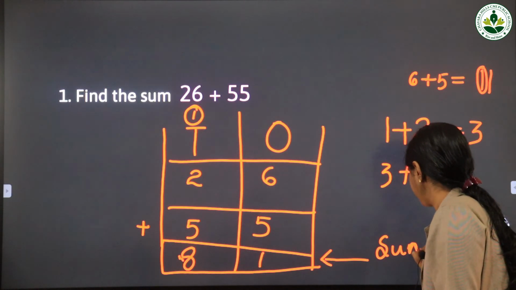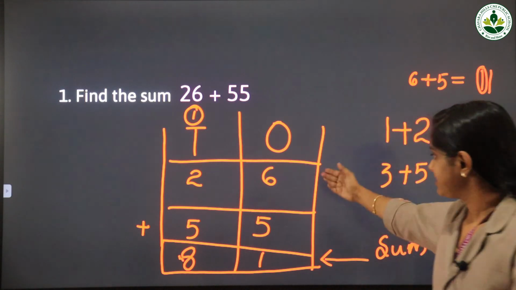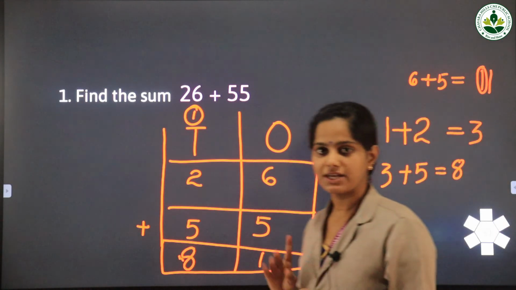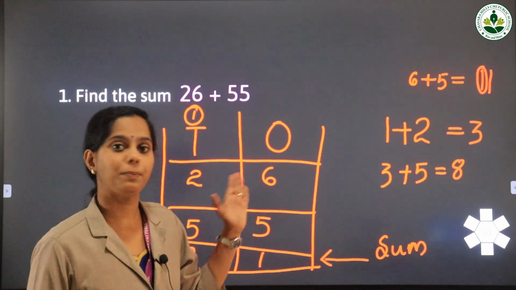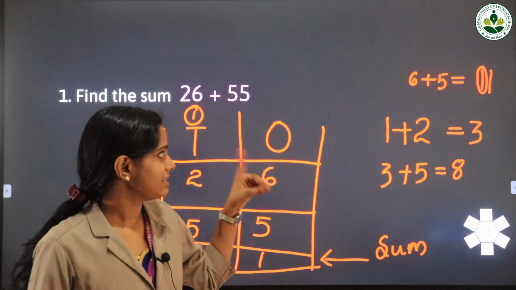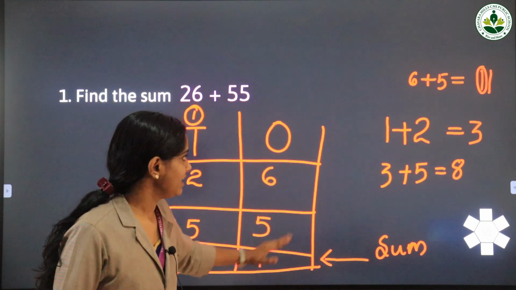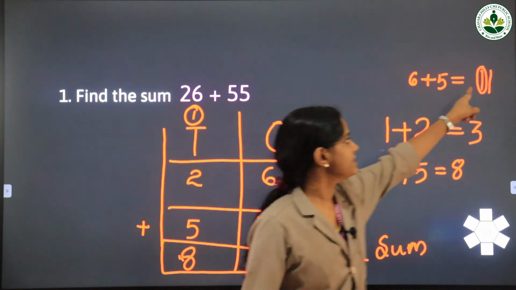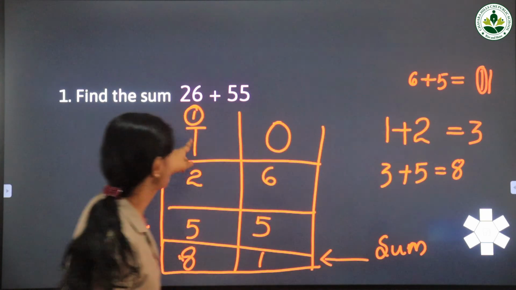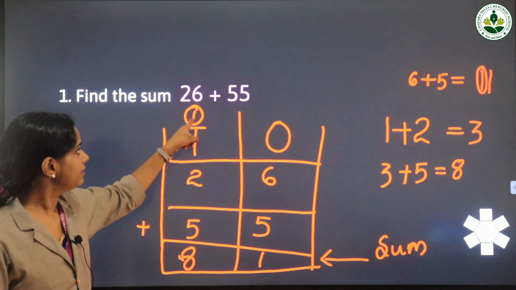Okay, first we start from the ones column. 6 plus 5. We know that 6 plus 5 is equal to 11. 11 is a 2-digit number. We can regroup as 10 plus 1. That is, 11 has 1 ten and 1 one. So we write 1 in the ones column and this 1 will go to the tens column. That is, we write like this. This is the carryover 1.